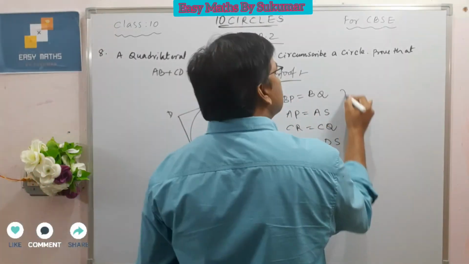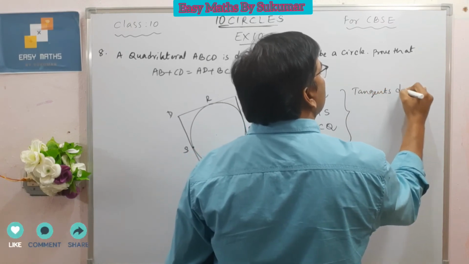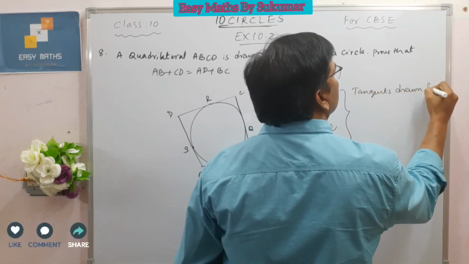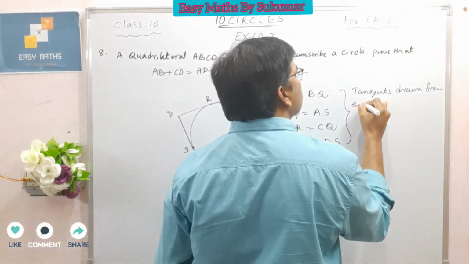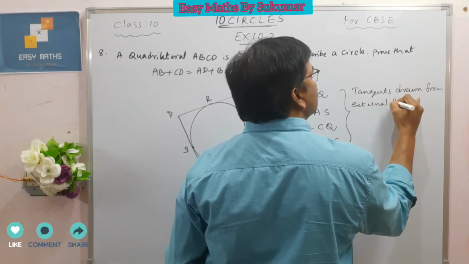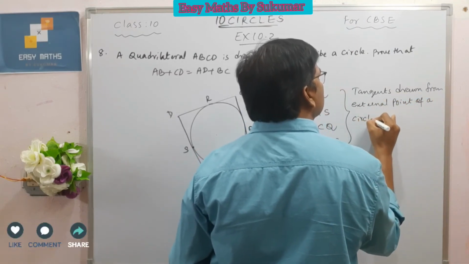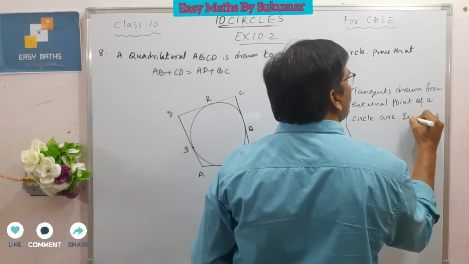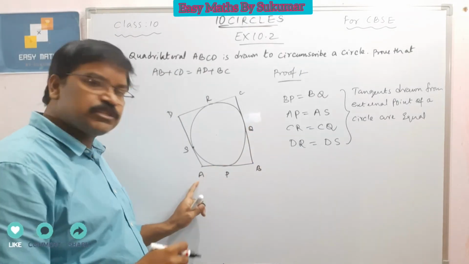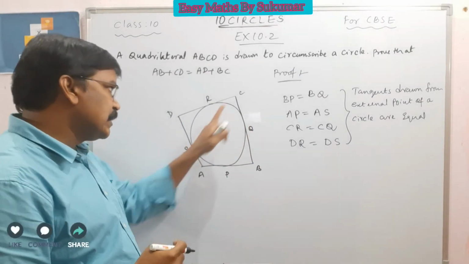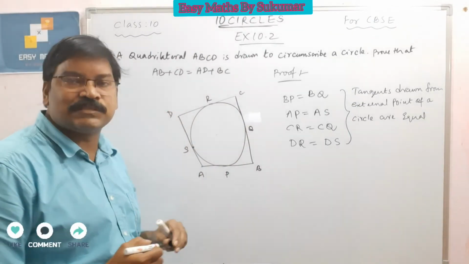The only reason here is that the lengths of the tangents drawn from an external point of a circle are equal.